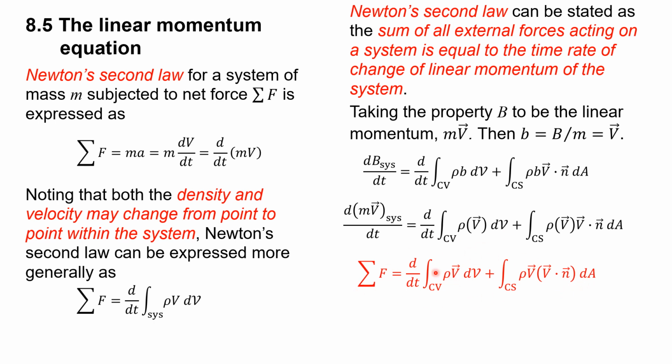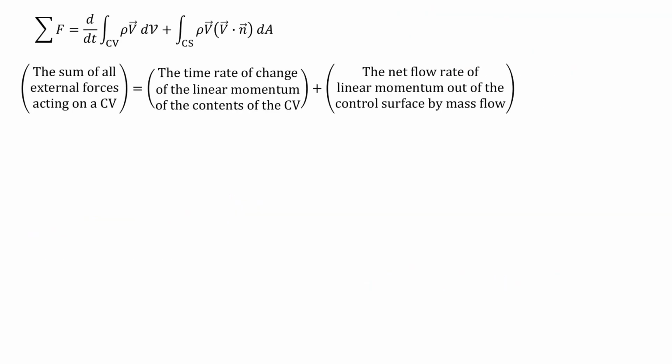So this is from chapter 7. If you don't understand how you get this, you can refer back to chapter 7. We already discussed this before. At the end, what it is actually saying is that the sum of all external forces acting on a control volume, summation of F, is the time rate of change of the linear momentum of the contents of the control volume.